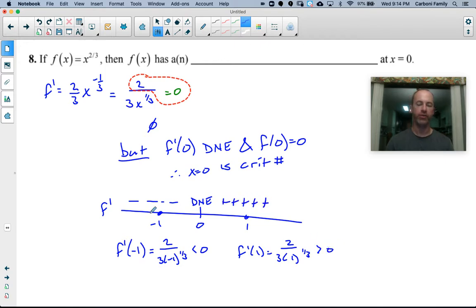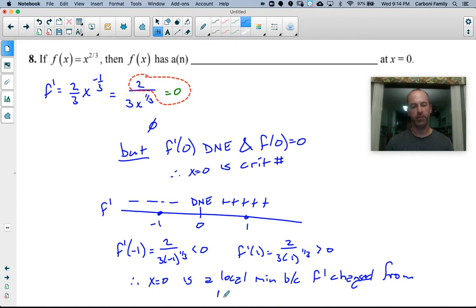If a derivative changes from negative to positive, that means that x equals 0 is a local minimum because f prime changed from negative to positive at x equals 0. So we definitely have a local minimum.